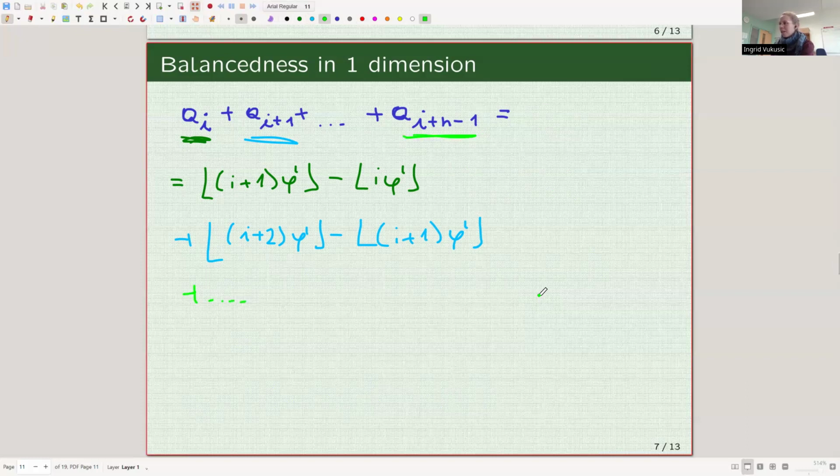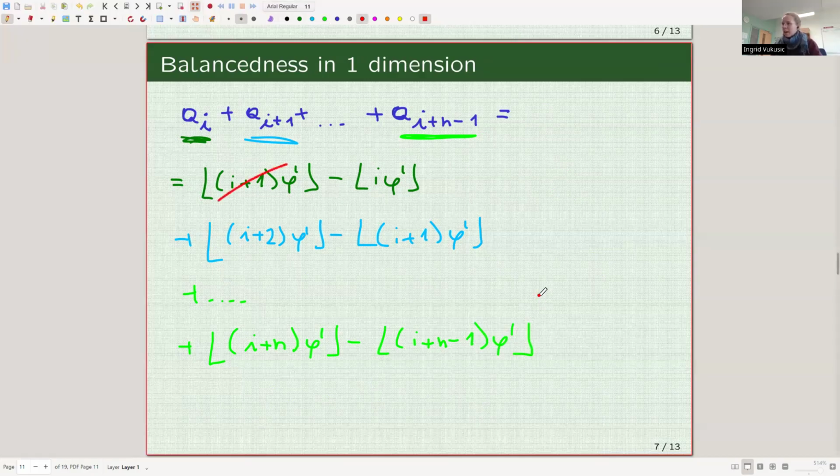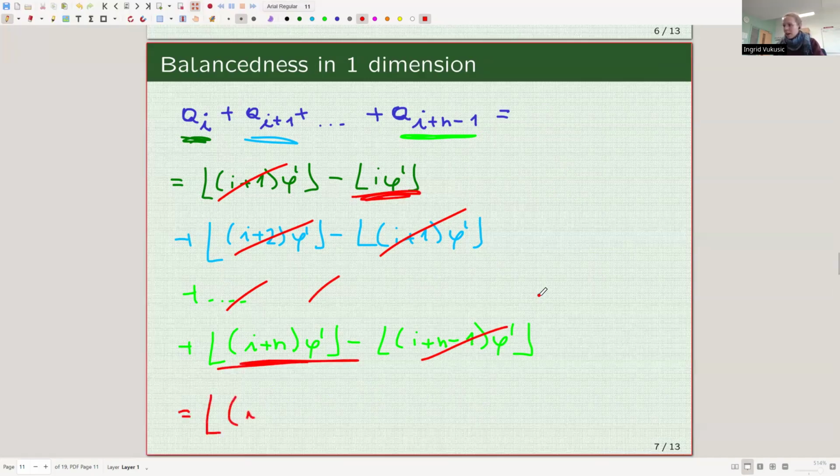And then at the end, we get floor of (i plus n minus 1 plus 1) phi prime minus floor of (i plus n minus 1) phi prime. And now everything telescopes away. This cancels out with something, this cancels out with something, and the only terms that are left are the smallest one and the largest one. And we get floor of (i plus n) phi prime minus floor of i phi prime.